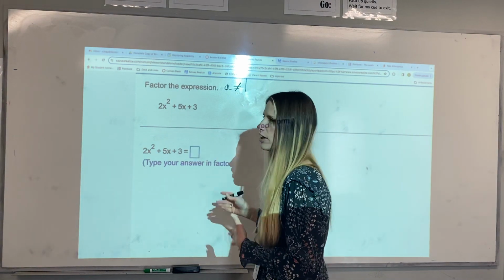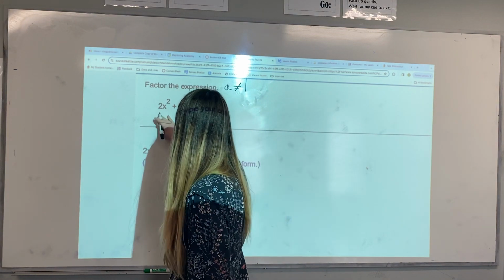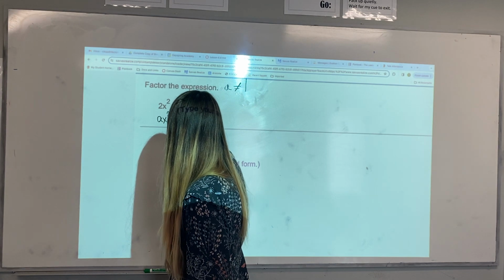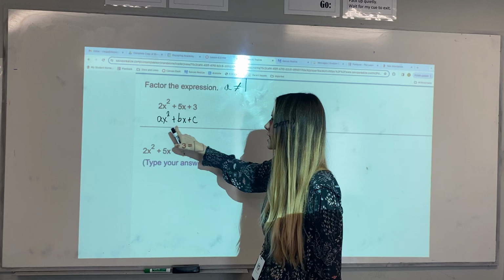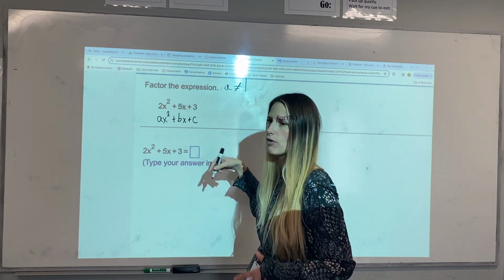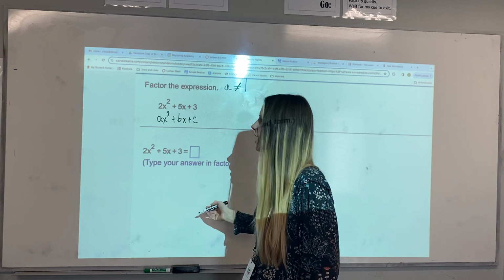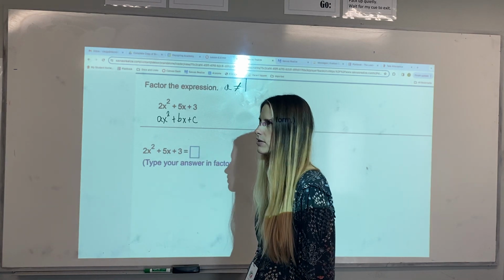So it's the coefficient of your first term, the x squared term. So this would be ax squared plus bx plus c. This is just the standard form of it. A, b, and c represent whatever numbers are going to be in your expression, but in a quadratic, you'll always have x squared and x, okay?